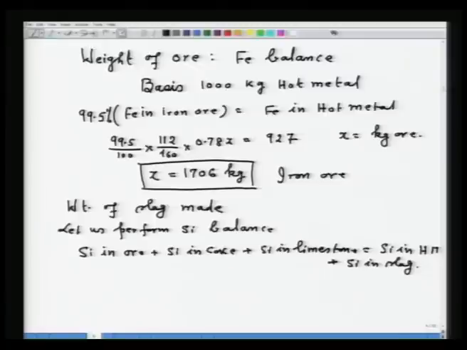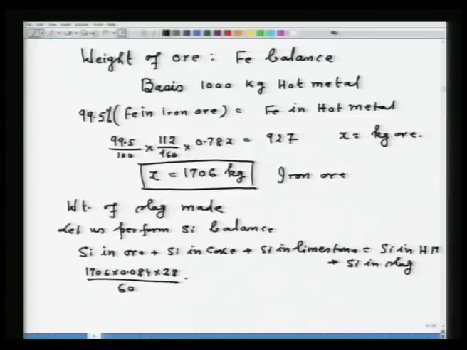Choice is yours, you can do SiO2 balance or silicon, it does not matter. Silicon in ore is 1706 into 0.084 into 28 by 60.